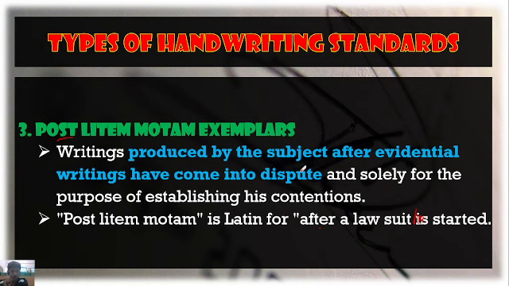Those will not be used as evidence in court, but solely for the purpose of contentions, just so they can confirm whether he is the one who owns that signature or that handwriting. But it will not be presented in court, because the lawsuit or the court proceeding had already started, and that is what we are pertaining to in post litem motam exemplars.